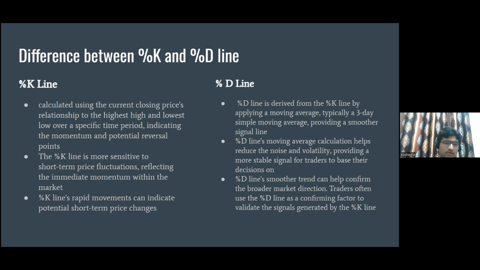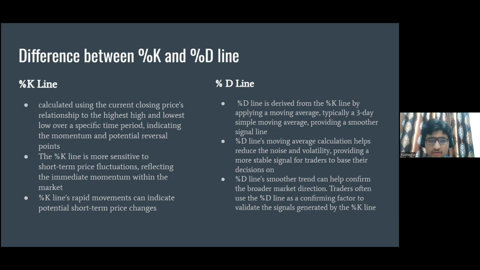Now let's look into the percentage D line. The percentage D line is calculated by applying smoothing with a simple moving average, a 3-day simple moving average. So the percentage D line is quite a smoothened version of the percentage K line. It is the result of reduction in noise and volatility of percentage K, a resultant stable signal of percentage K.